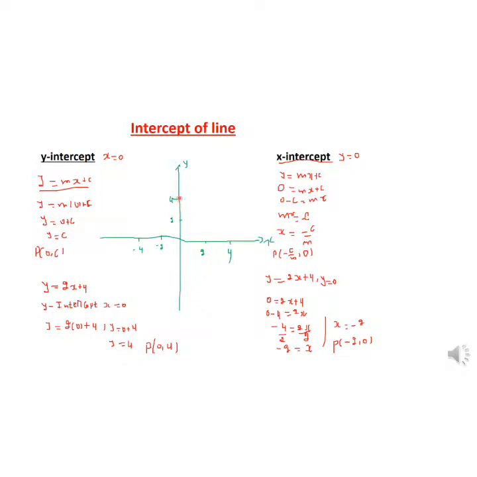So now here we have points. You can draw the points 0 and 4.